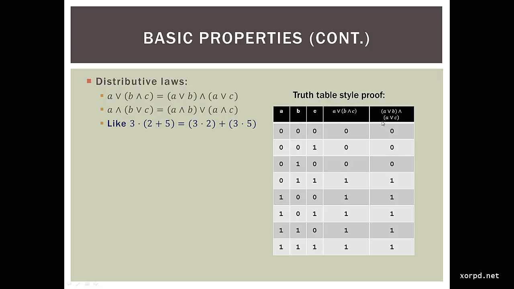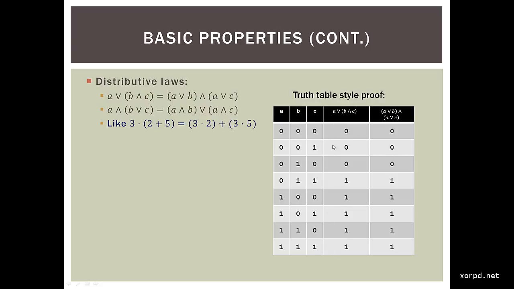And this row represents the right side of the equation. So basically, it would be enough to just try every possible input and make sure that the outputs are always equal. This table shows that the outputs are equal for every possibility.